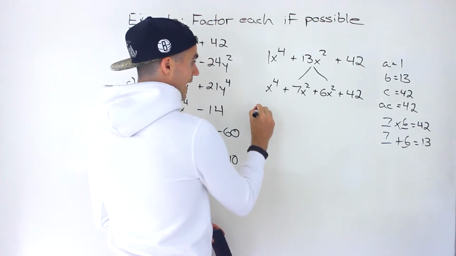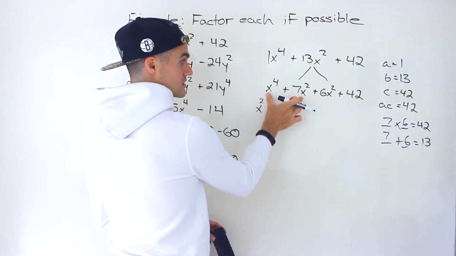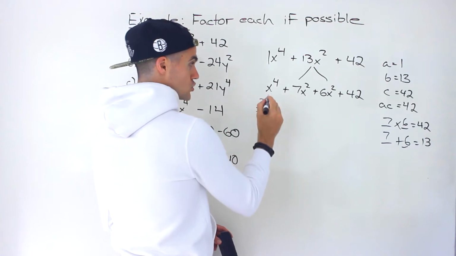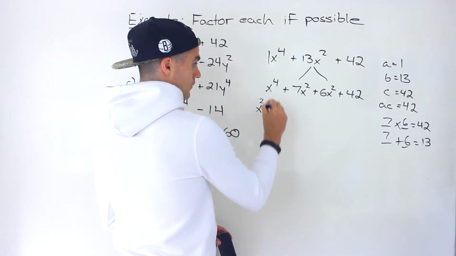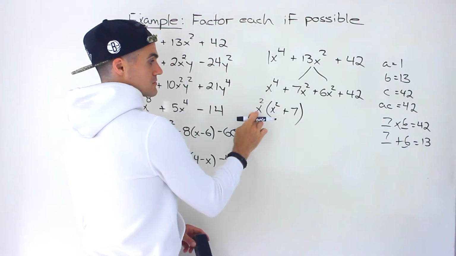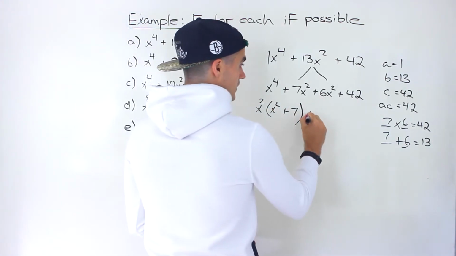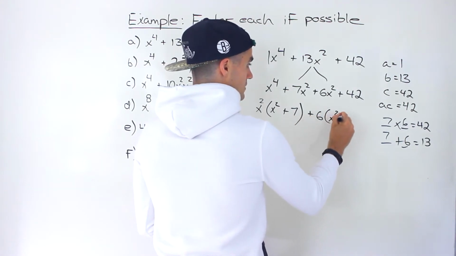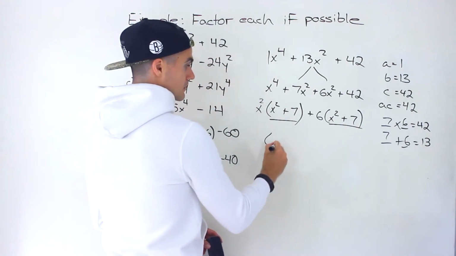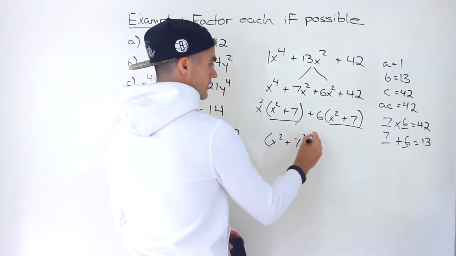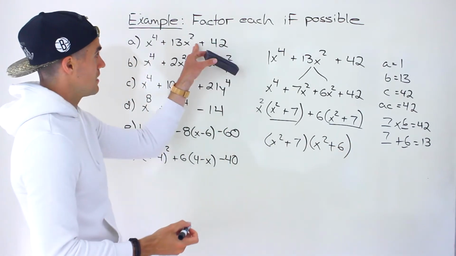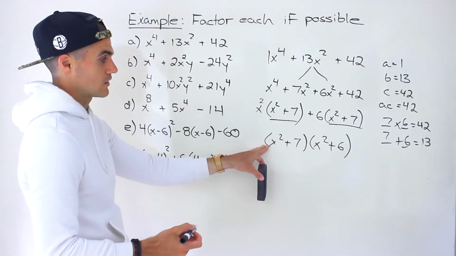We can take out an x to the 2 from both of these, instead of just an x like usual with quadratics, and we'd be left with x to the 2 plus 7. From the other two we can take out a 6, and we'd be left with x to the 2 plus 7 as well. As expected, that bracket is the same, so this first expression factors into these two.